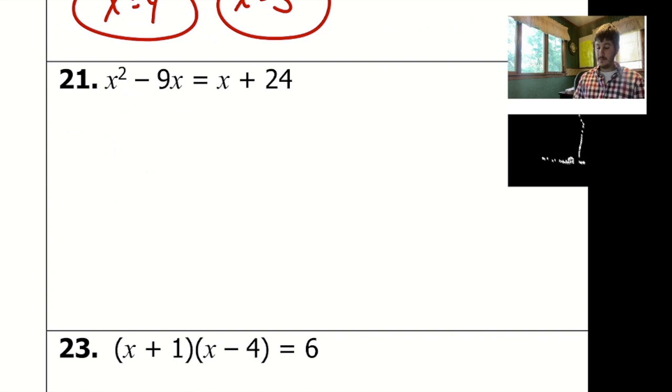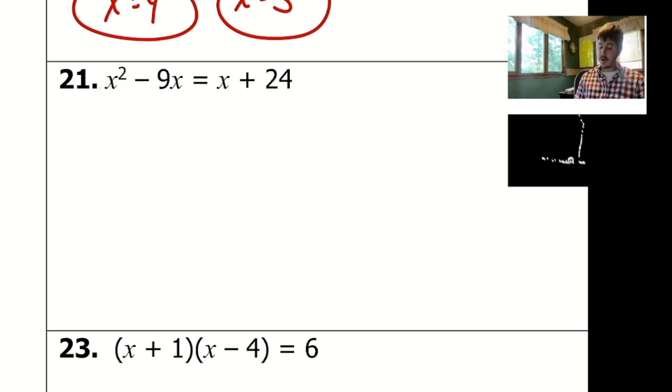So number 21, same thing, solve for x. Now, one other thing that we didn't really consider with the last one: make sure your x squared is your positive term. It doesn't matter if it's on the left-hand side or right-hand side. It's always better if it's positive, because if it's negative, you may not want to factor it like usual. You might have to kind of flip the signs or something.